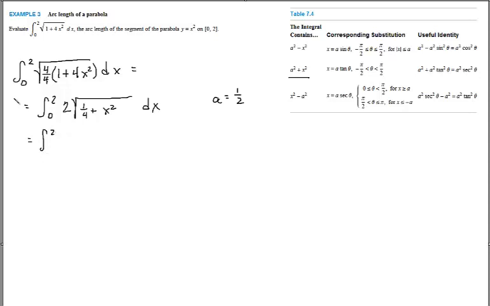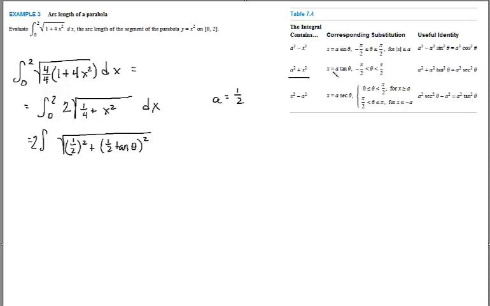Oops, now my limit of integration won't be at 2. I don't want to make that mistake again, so I'm going to wait on that. So let's see, I'll put the 2 out front, and then I'm going to have the square root of, and it looks like I'm just going to write my same 1/2 quantity squared plus this 1/2 tangent theta quantity squared, because it is multiplied by my a, and my a is the 1/2.